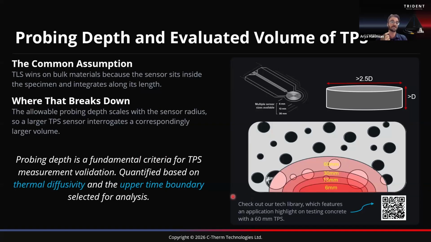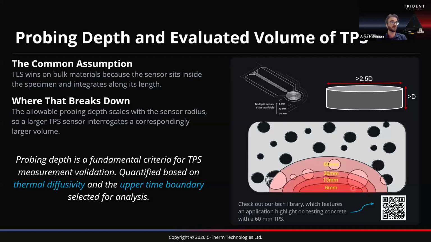By design, and actually why we relate the sample size requirements to sensor size, there is a requirement in terms of the measurement validation process, which is done through a series of checks outlined in the ISO and ASTM standards. You have to match your evaluated volume relative to the size of the sensor, so your probing depth scales based on sensor size.